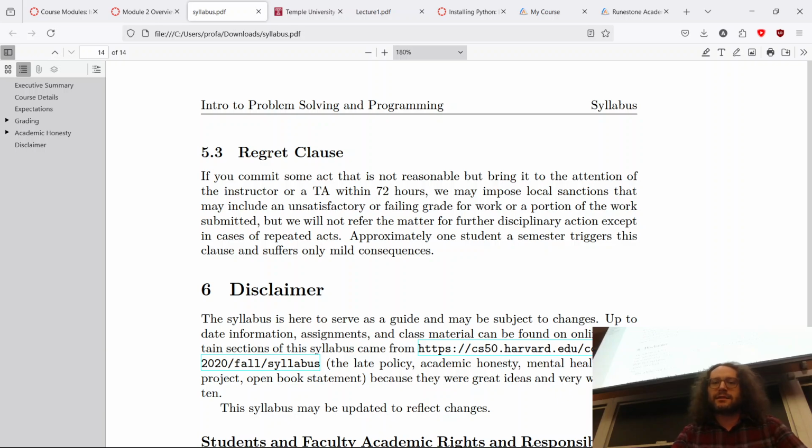Okay? As I mentioned, approximately 1 student a semester triggers this and reaches out and says, "Hey, I messed up." And they suffer only the most mild of consequences, like a 0 on the problem that they looked at, or something like that.